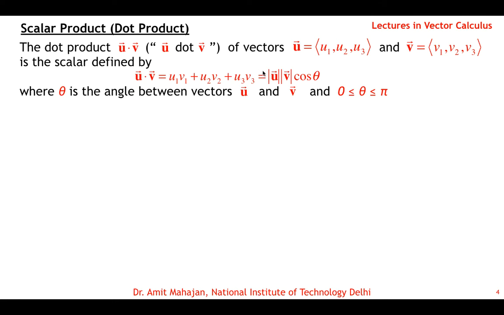So from the origin, if you have a vector u and a vector v, and the angle between the two is theta, where theta lies between 0 and pi, then the scalar product can be calculated using the components, or using the magnitudes with the angle. Clearly this dot product of vectors will be a scalar quantity, and that's why we also call it a scalar product.